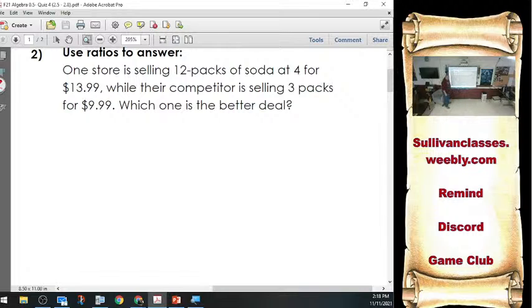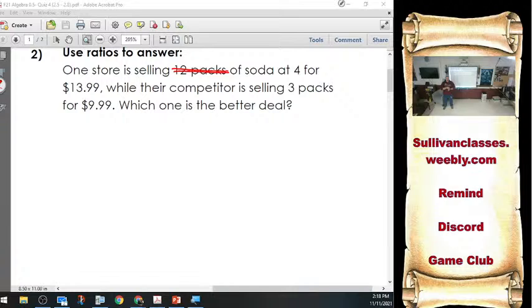Well, be careful. There's a little bit of extra information here. What am I selling? 12 packs. So this 12 isn't actually used. That's just the package. Okay? So I've got 4 for $13.99. Before I go writing it, do I want to know how many dollars per pack?